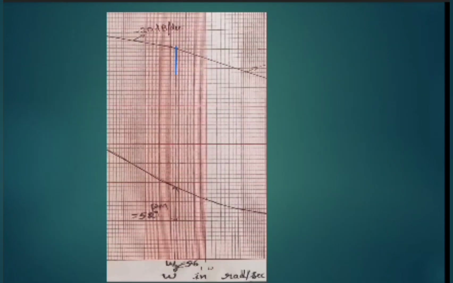You can clearly see at this point the value of omega is 5.6. So I can tell that the gain crossover frequency is 5.6 radians per second. Now with respect to the minus 180 degree line, measuring the phase plot, we get 52 degree, which is nothing but the phase margin value.